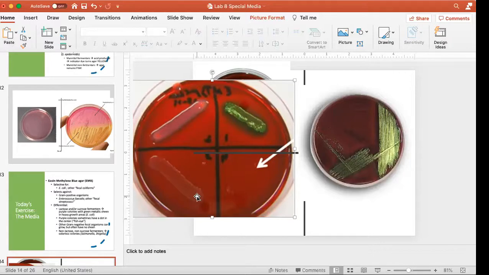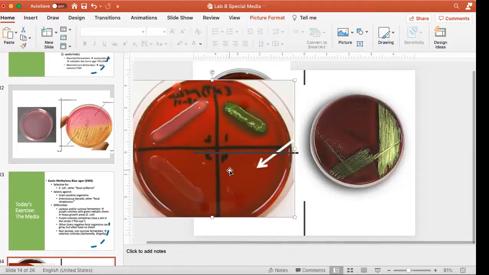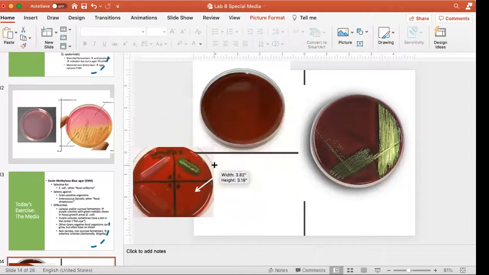Down here, this is growth from an organism that is, again, gram-negative, intestinal, but it cannot ferment lactose or sucrose. And it grows as this sort of clear or colorless material. And finally, if we put anything on EMB that is gram-positive, it's not going to grow. Only gram-negative intestinal organisms can grow on this type of agar. So it's very helpful to us.